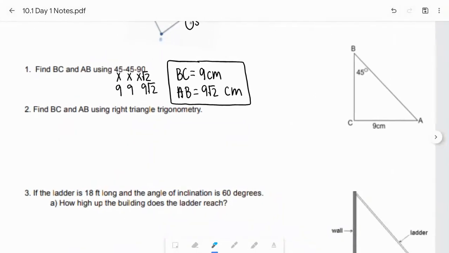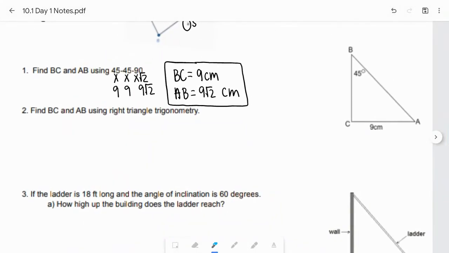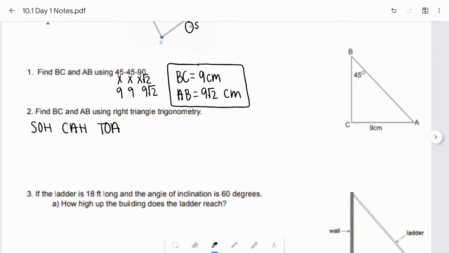In number 2, we want to again find BC and AB, but this time using our right triangle trigonometry. So this is where we want to bring back SOHCAHTOA. The angle that I am given is 45. Across from there would be my opposite side. We have our hypotenuse and then our adjacent side.